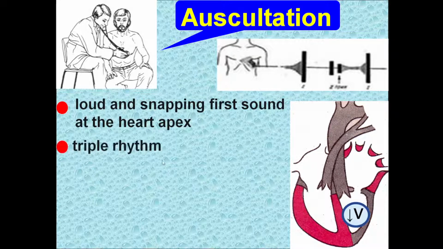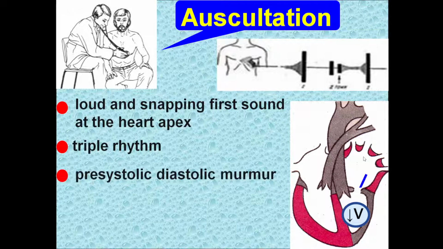Then we'll hear an additional third sound, which is characteristic for triple rhythm. We'll hear the sound of the opening mitral valve, because its elasticity decreases plus pressure in the left atrium is increased. And the main characteristic of mitral stenosis is the presystolic diastolic murmur.